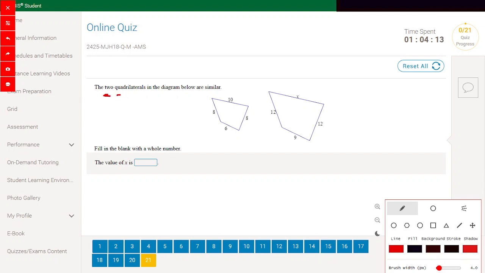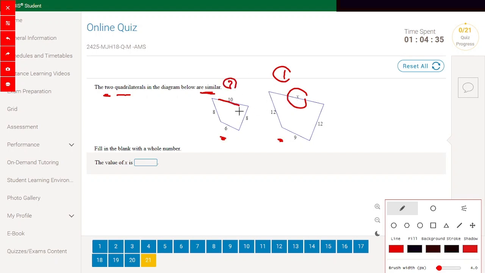The two quadrilaterals in the diagram below are similar. They are the same shape, and even the same position, by the way. This one is smaller than this one, but they are similar. So let's say this is quadrilateral 1 and this is quadrilateral 2.